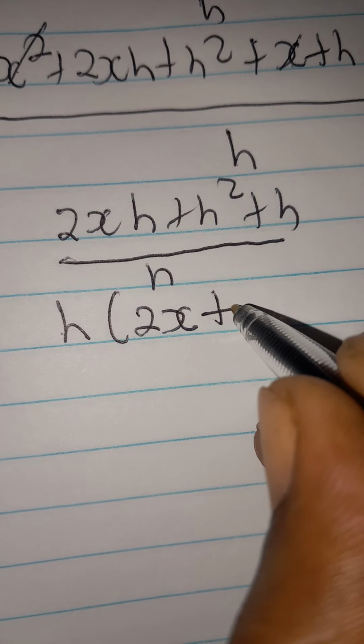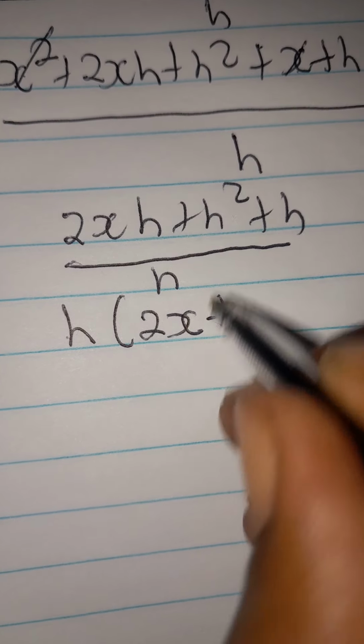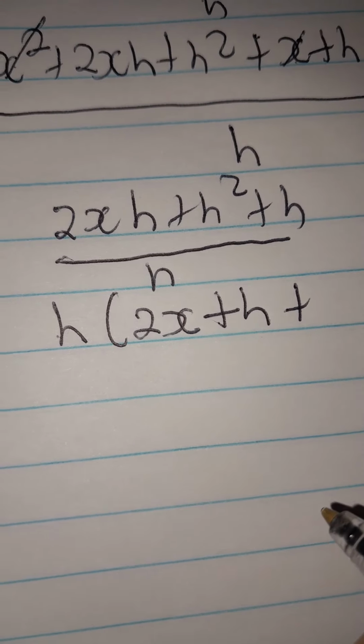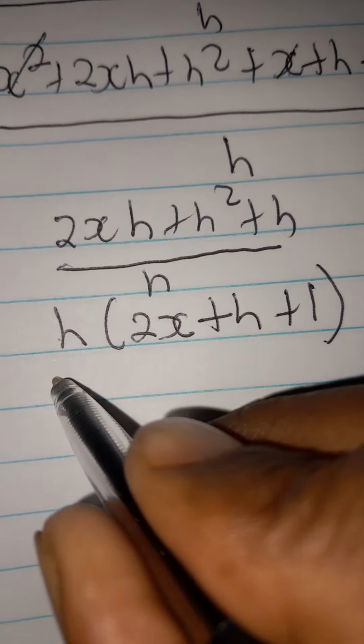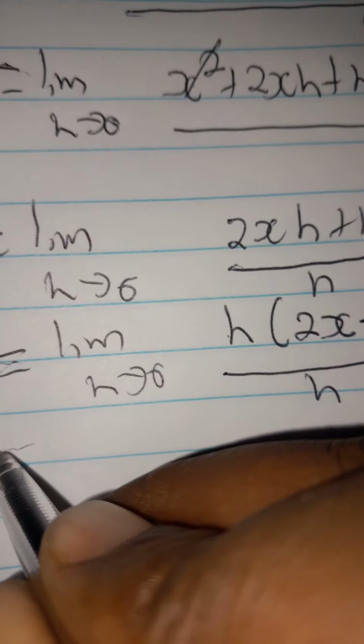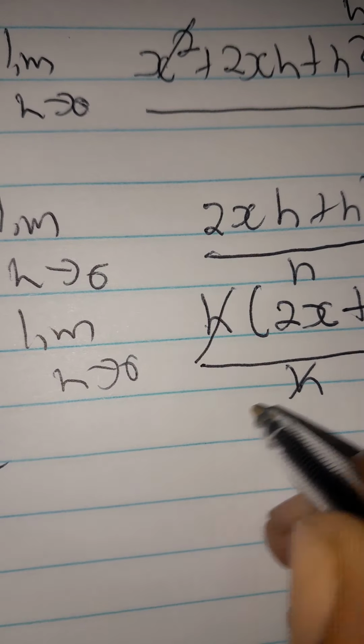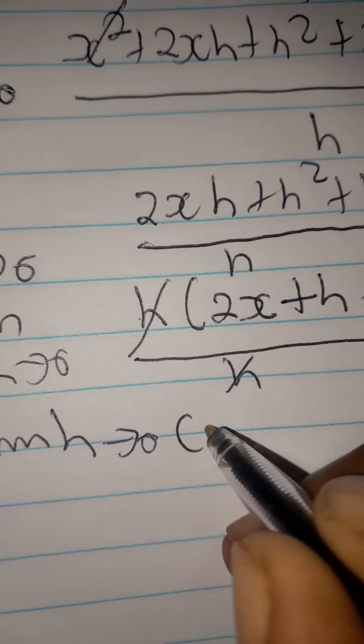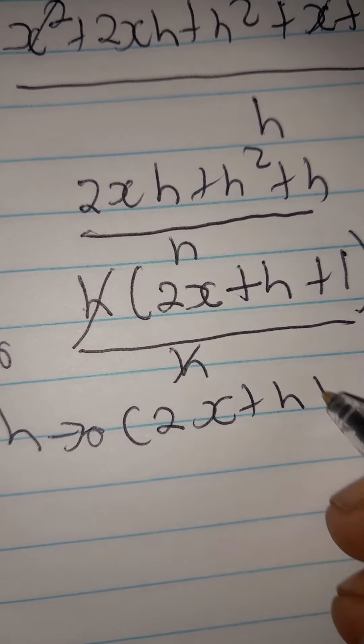To get to h squared, we need h there. To get h, we need 1, right? So divided by h, this and this will cancel. We're left with limit as h approaches 0 of 2x plus h plus 1.